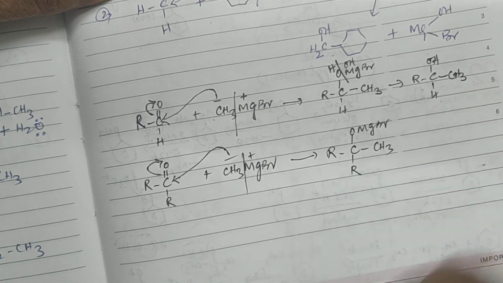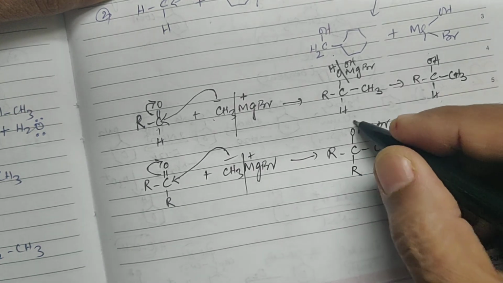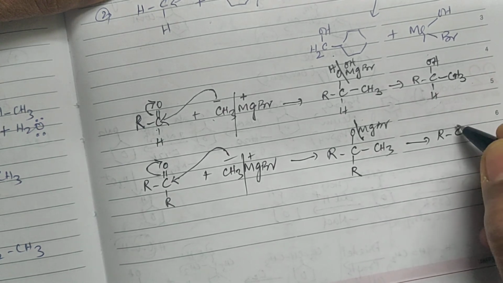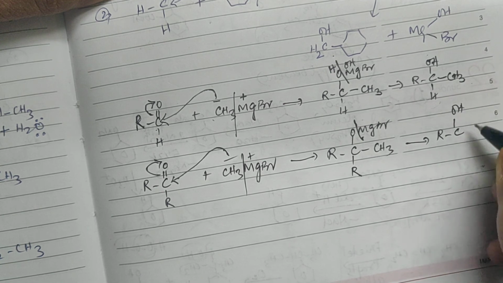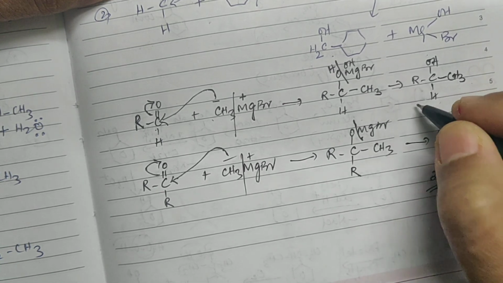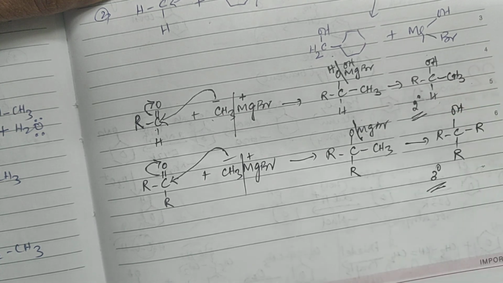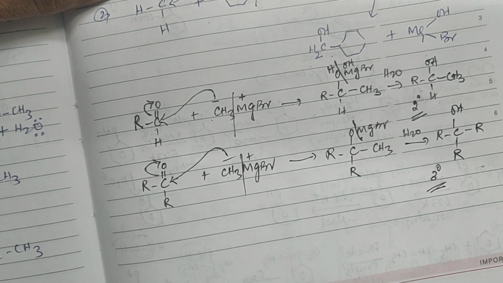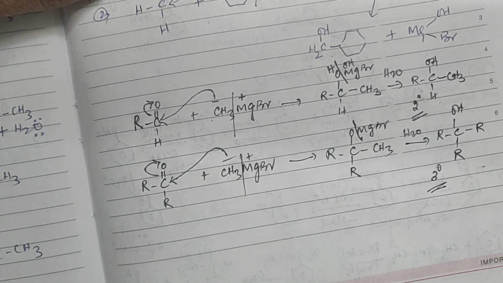This R group is already there, and this will undergo hydrolysis, when you will get R C OH R. So this is a 3-degree alcohol, this is a 2-degree alcohol, right? So this process is extremely important, you need to know very well.